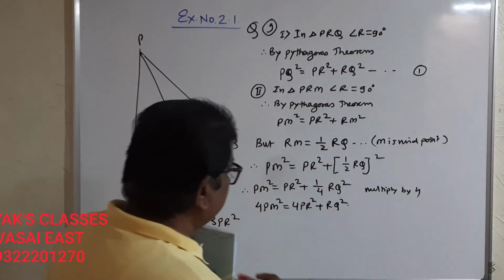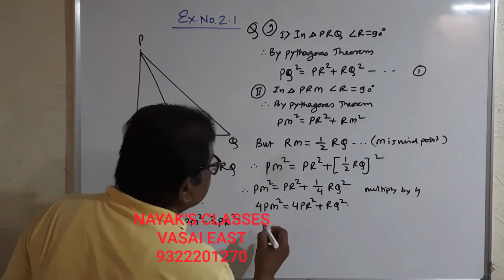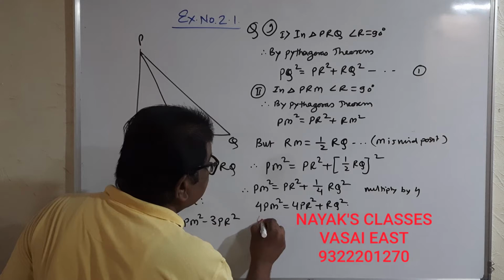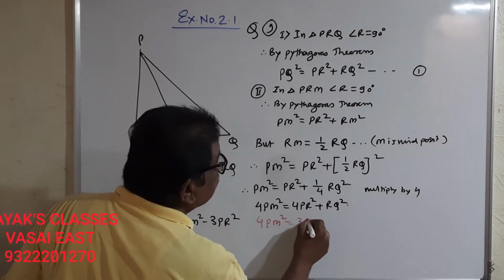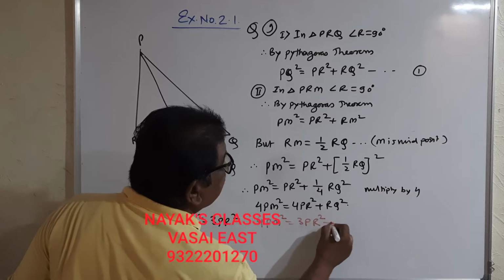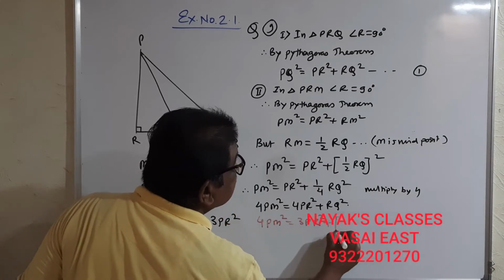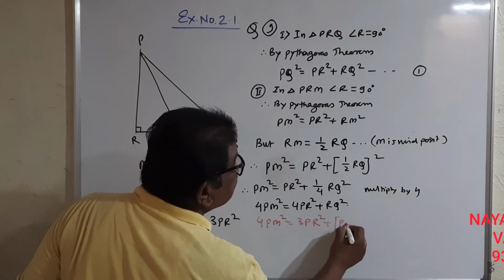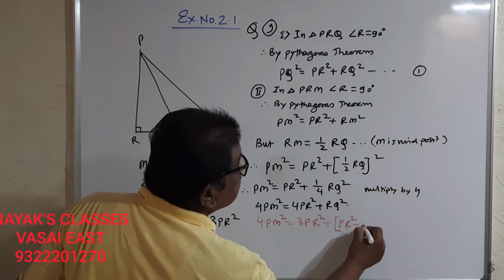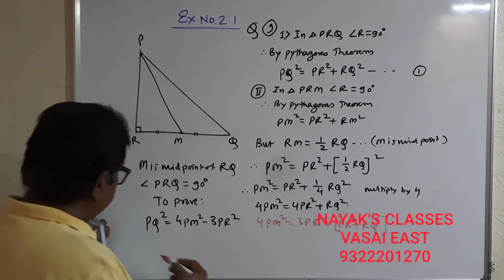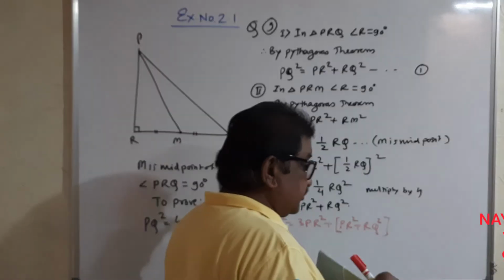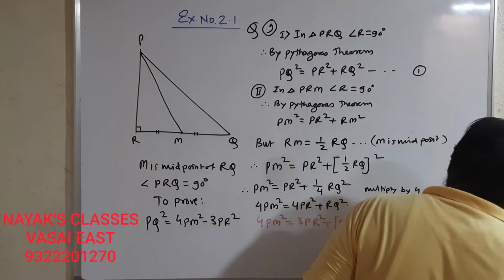This step is very important. This we can write as 4 PM square is equal to 3 PR square plus remaining PR square plus RQ the whole square. This step is important. Keep in mind.